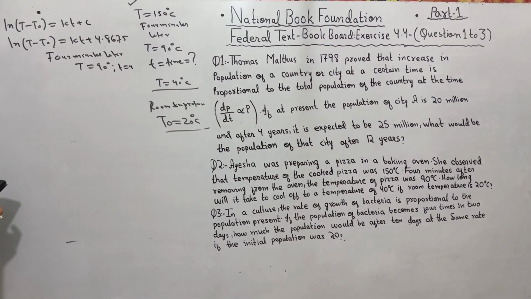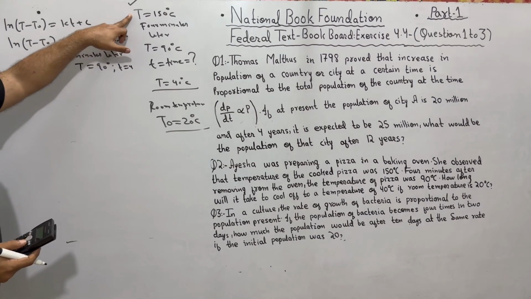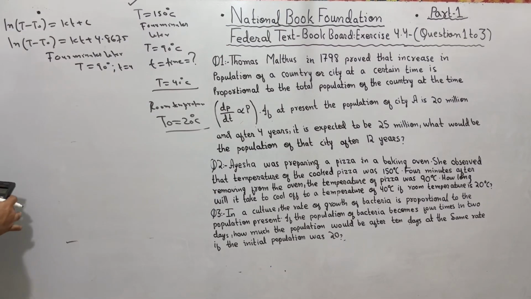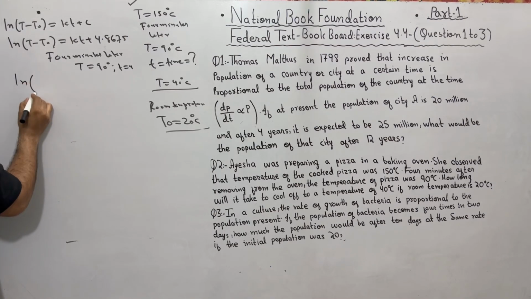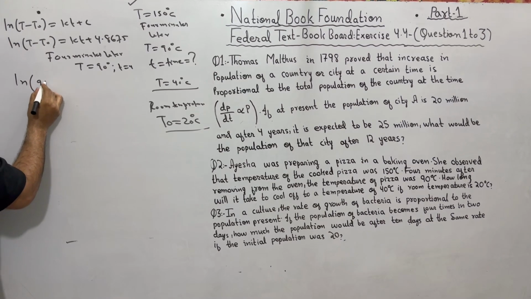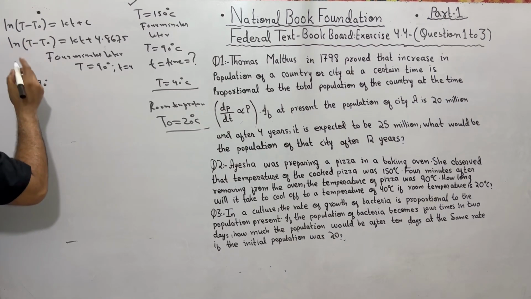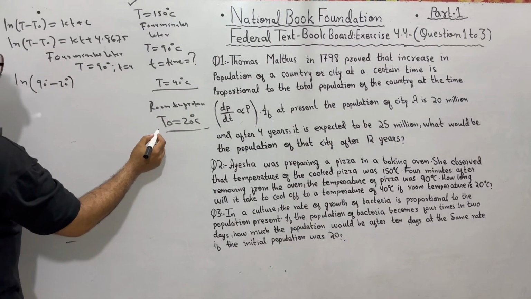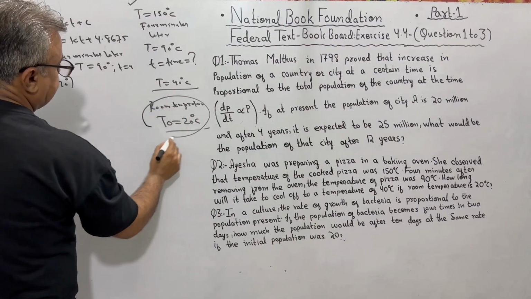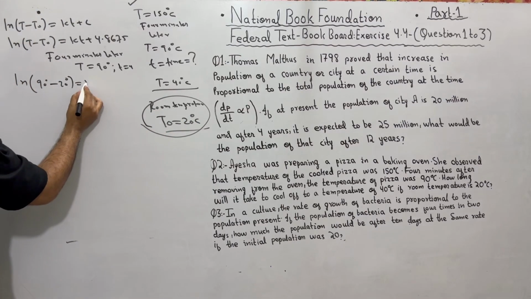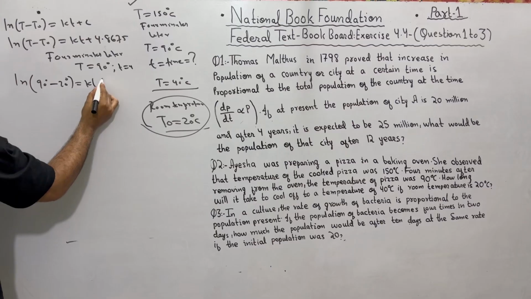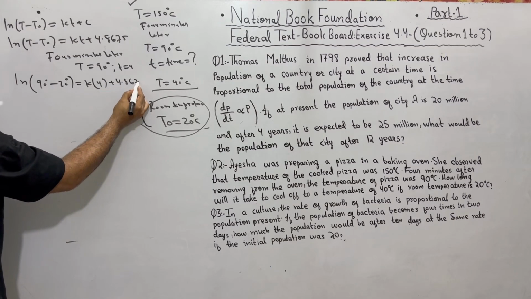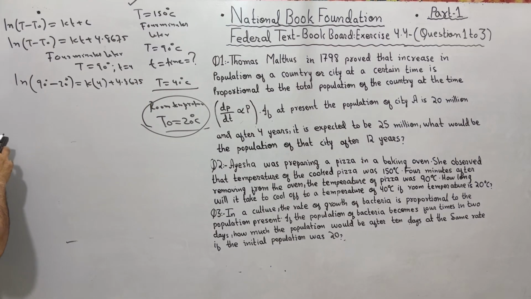Don't forget our ground state temperature, room temperature, is 20, that's T naught. So ln of 90 minus 20, that is ln 70, equals k times 4 plus C, which is 4.8675.